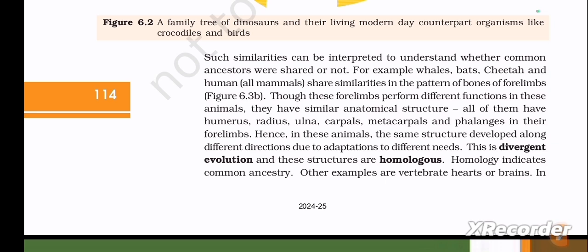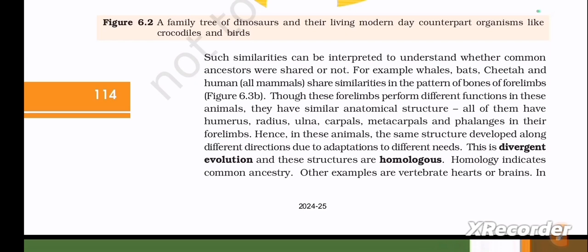For example, whales, bats, cheetah, and human share similarities in the pattern of bones of forelimbs, figure 6.3b. Though these forelimbs perform different functions, in these animals they have similar anatomical structure. All of them have humerus, radius, ulna, carpals, metacarpals and phalanges in their forelimbs. Hence, in these animals, the same structure developed along different directions due to adaptations to different needs. This is divergent evolution.